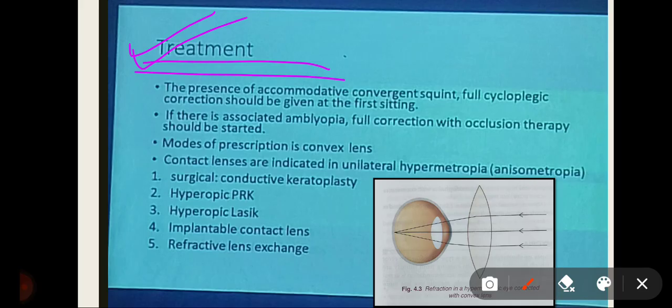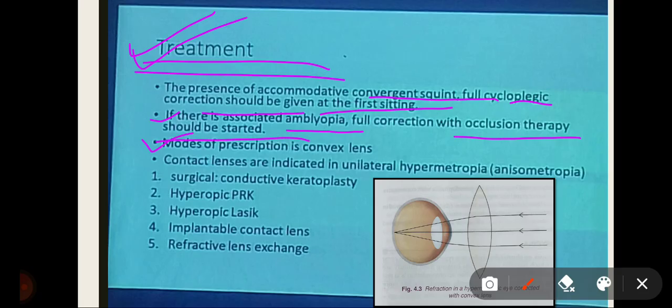Mainly optical treatment; the basic principle is to prescribe convex plus lenses so that the light rays are brought to focus on the retina. In the presence of accommodative convergent squint, full cycloplegic correction should be given at the first sitting. If there is associated myopia, full correction and occlusion therapy should be started.